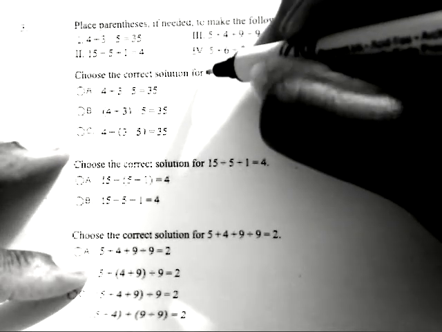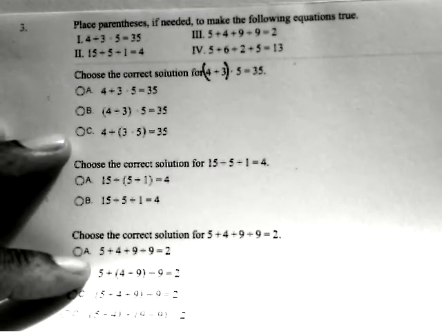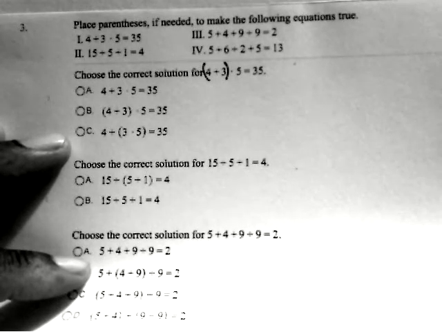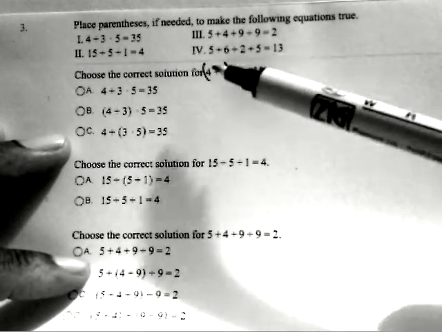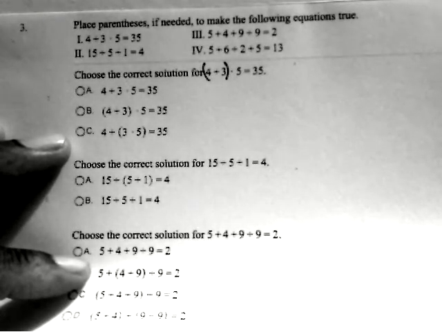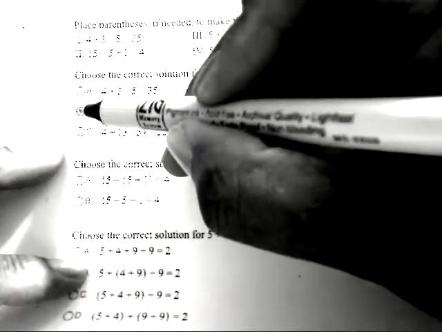Well, let's first put the parentheses around the 4 plus 3, because 4 plus 3 will be 7. 7 times 5 will be 35. Because if we were to leave those parentheses out, then you'll do 3 times 5 first, and then you have to add 4. So to make that answer 35, you have to put the parentheses around the 4 and the 3, or the 4 plus 3.